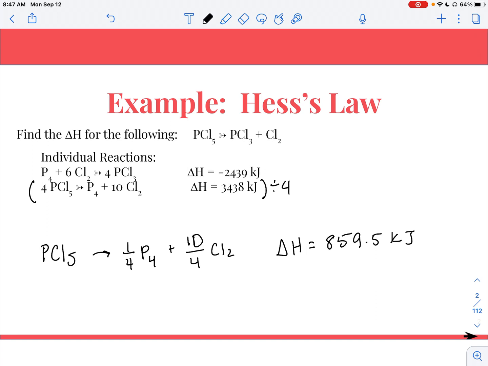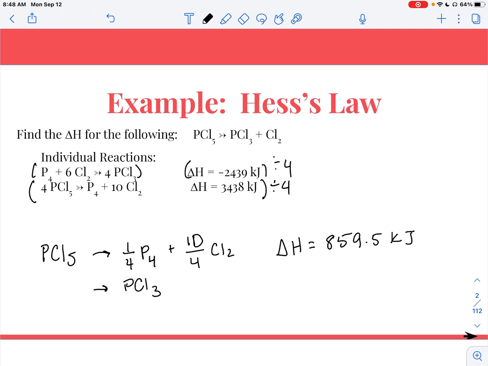Now let's do PCl3, because PCl3 shows up here and here. So again, check the side of the arrow. This one is on the right side. And we need to divide by 4 again. Doesn't always work out that way, but for this one it does. So I'm going to line up the arrows because it's easier to add the reactions together if I do that.